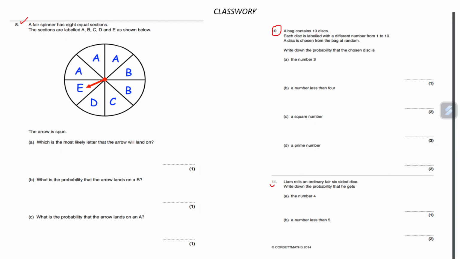A bag contains 10 discs. Each disc is labeled with a different number from 1 to 10. A disc is chosen from the bag at random. Write down the probability that the chosen disc is this. So first, a bag contains 10 discs, each labeled 1 to 10.